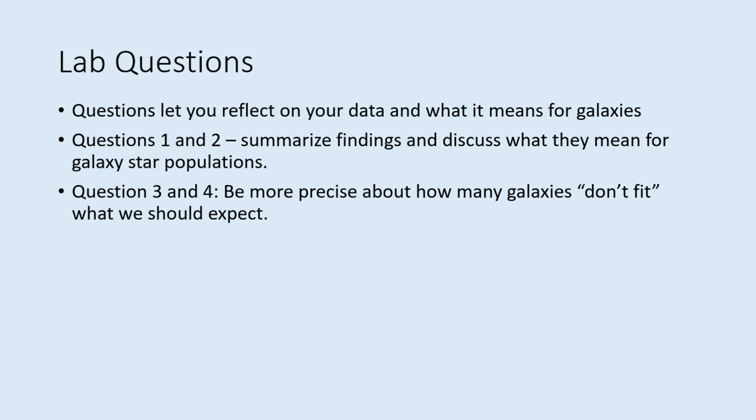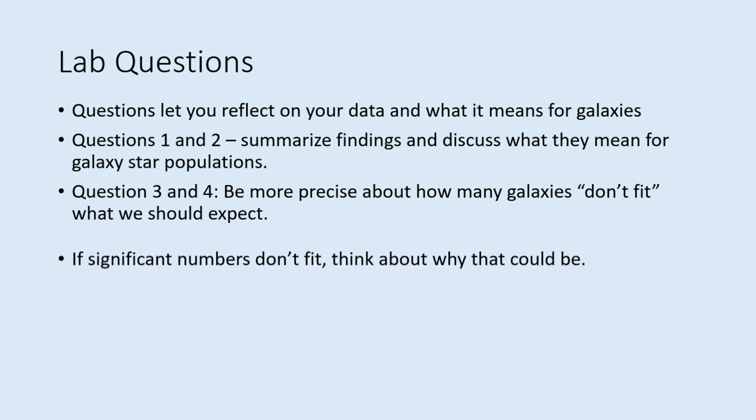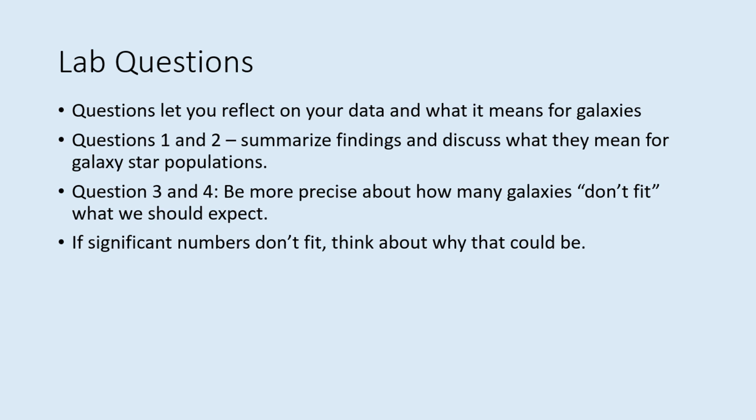Questions 3 and 4 are asking you to be more precise. Give the data here about how many red spirals and blue ellipticals you found. What fraction of the totals were these? Remember that if your explanation said that a particular type of galaxy would be a particular color, then the galaxies that don't fit that color need a different explanation.